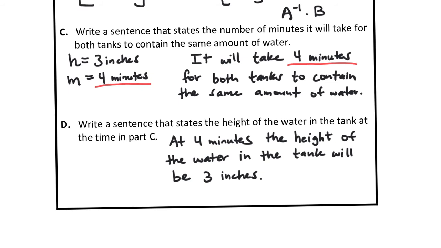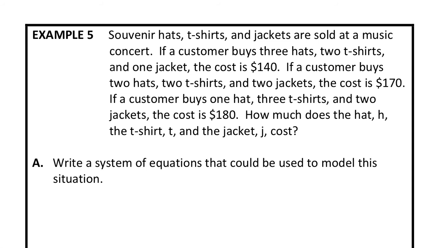Okay, so let's go to the last two examples, 5 and 6. Five says, souvenir hats, t-shirts, and jackets are sold at a music concert. If a customer buys 3 hats, 2 t-shirts, and 1 jacket, that costs $140.